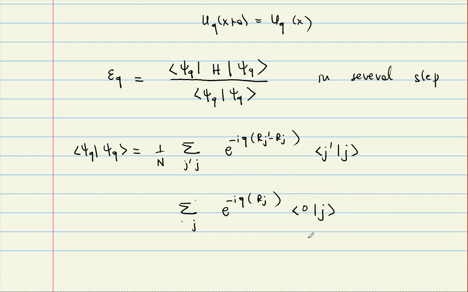Because the j sum is also a sum over all sites, all other j primes are going to give exactly this same thing. If you do it for j prime equal to 0, you are summing over all sites. Then what you can do is multiply: there's a 1 over n here, and there are n different choices of j prime. So you can just write it like this, and this n is going to cancel this n, so we are going to have this form.